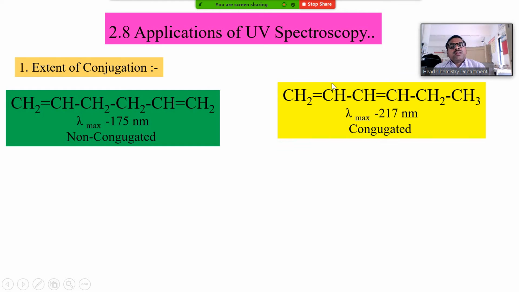Once again, double bond, single bond, double bond. This is the situation in the organic compound, then it is called a conjugated double bond. And when we calculate the lambda max of this compound, it comes near about 217 nanometer. This is the conjugated system.